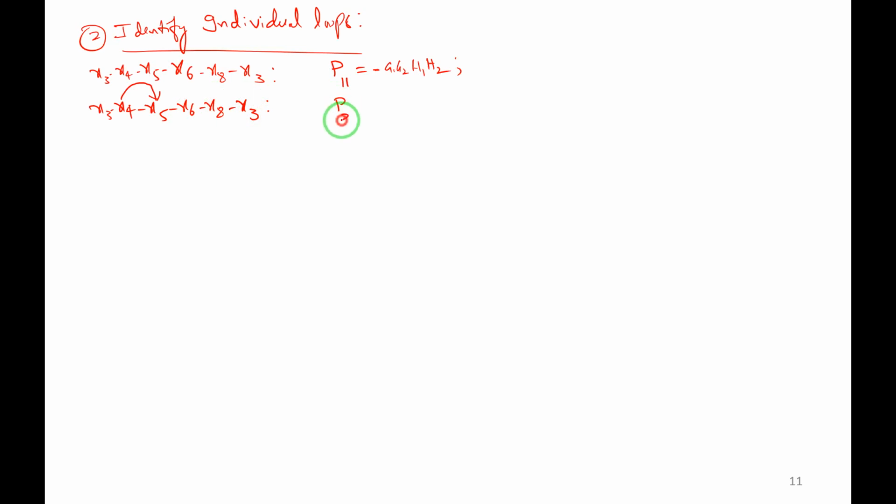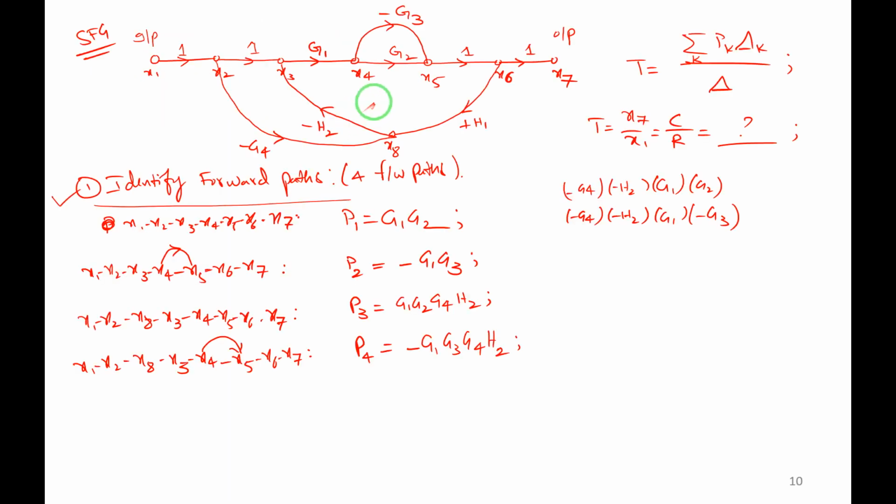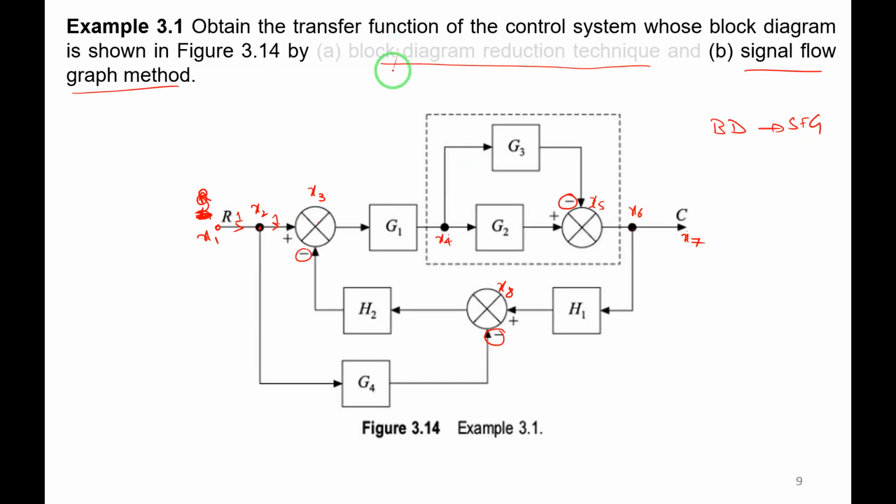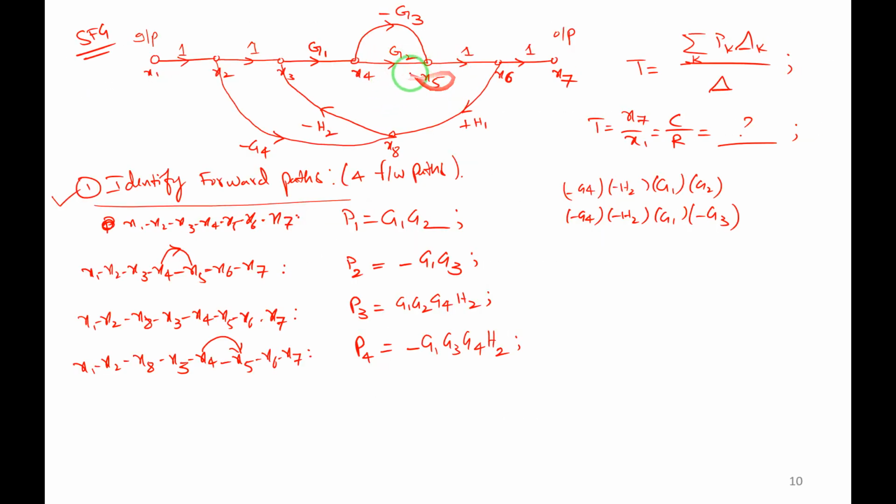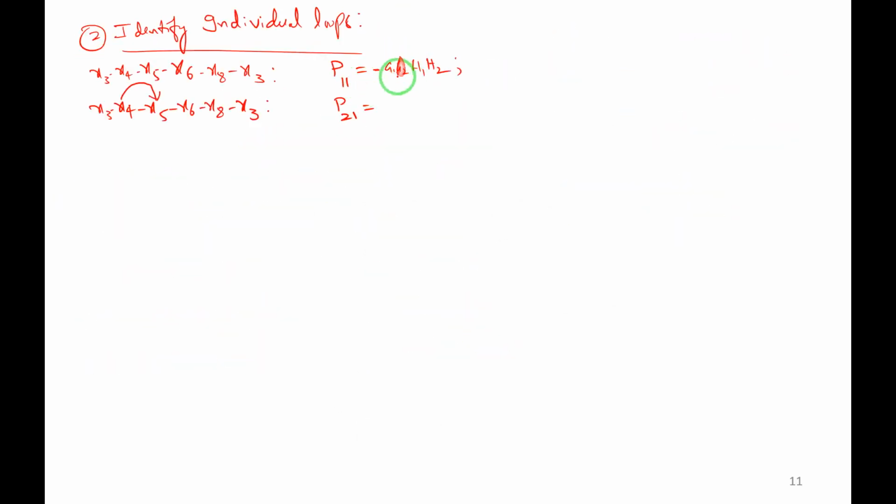So second individual loop. I am reading like this: second individual loop. Multiply all the gains. Instead of G2, minus G3 will come; everything else remains the same. Instead of G2, minus G3 is coming, so minus into minus becomes plus.